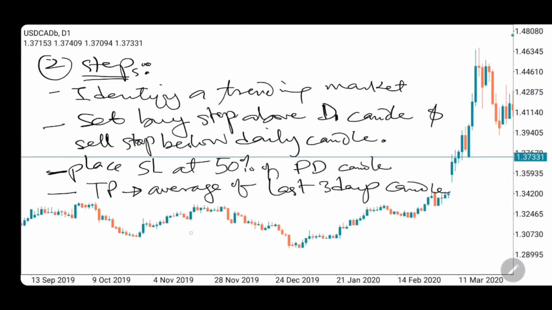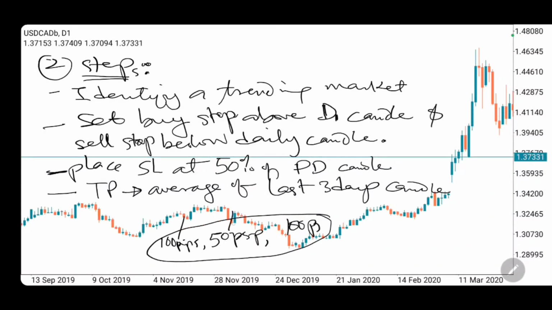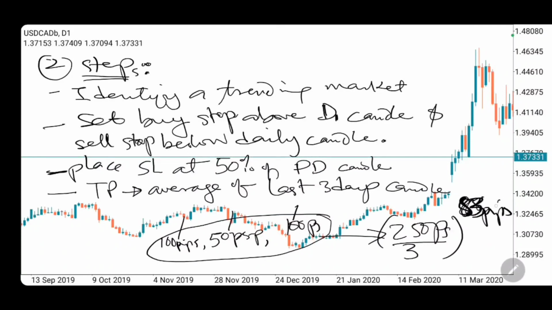Assuming the last 3 days, one moved 300 pips, another one moved 50 pips, another one moved 100 pips. The total of the last 3 previous days' candles will be 250 pips, over 3. You take an average over 3, and you're going to have 83 pips. So this 83 pips would be your targeted take profit, the average of the last 3 daily candles.